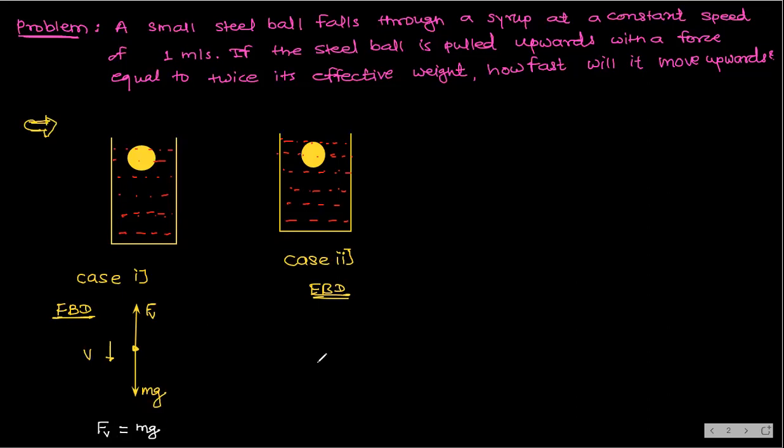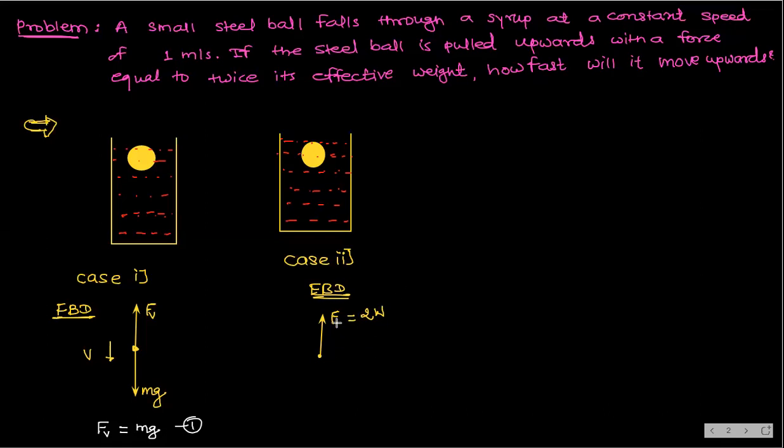Now this is your equation number one. In case two, we are applying a force. This is the externally applied force, F, which is equal to 2 times its weight.